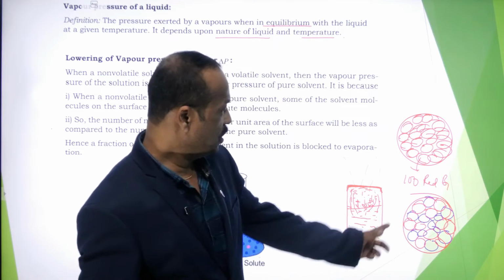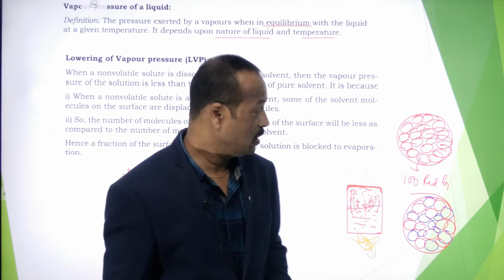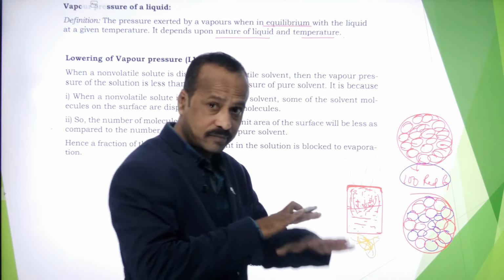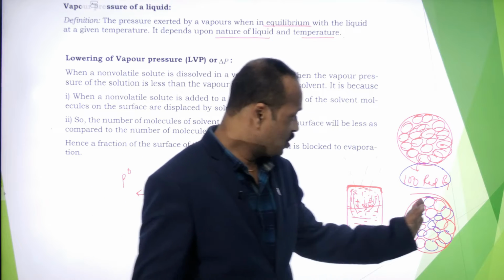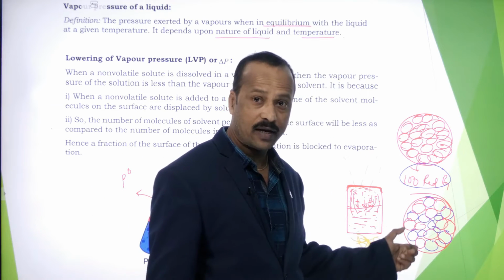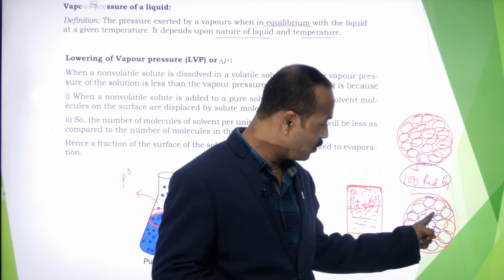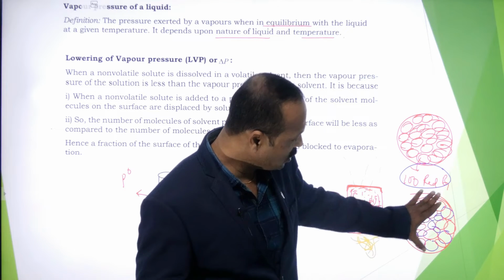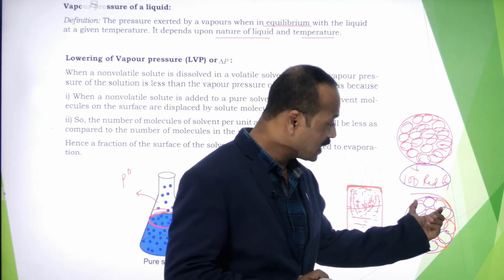Now two kinds of balls are there, red and blue. If I had taken only the red balls, a total of 100 red balls would be on the surface. But here I have taken two kinds of balls. So now how many red balls are there? Are 100 there? No. Some of the place is occupied by the blue balls also. Yes or no? So the total surface is occupied by 100 balls, but in that, how many are red balls?